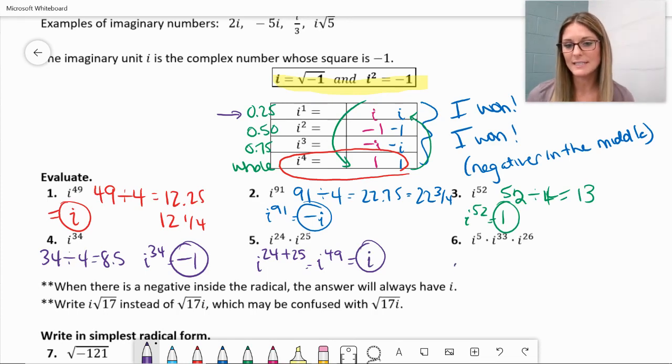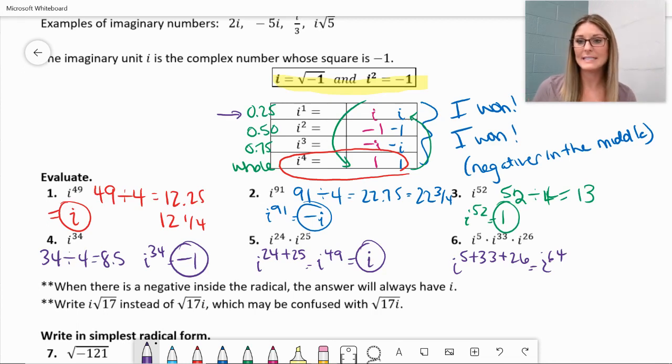Number 6 is the same. We're all multiplying together, so let's add up all those exponents. 5 plus 33 plus 26 is 64. So we have i to the 64th. I'm going to take 64 and divide it by 4.